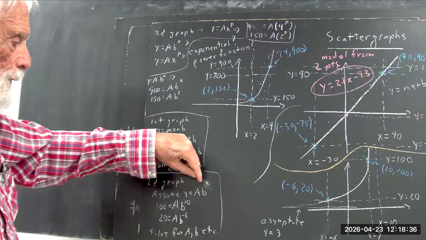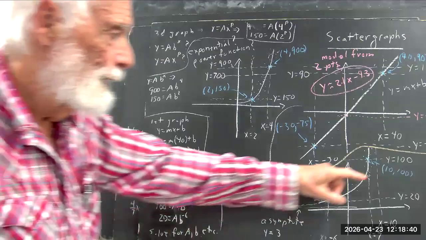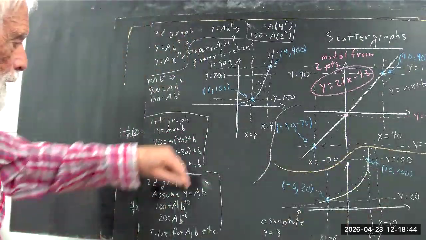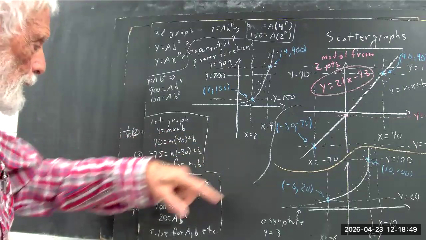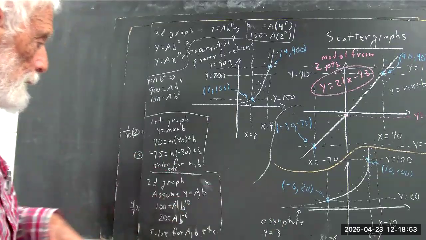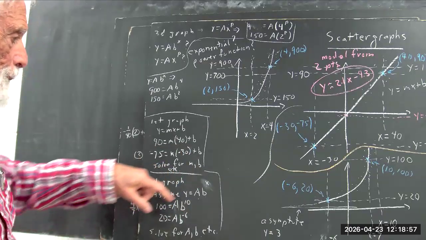If we got the model y equals ab to the x, then point 10, 100 says x is 10, y is 100. Well, if x is 10, we have b to the 10th. If y is 100, well, y is 100. And then we have negative 6, 20. X is negative 6, b to the x would be b to the negative 6.